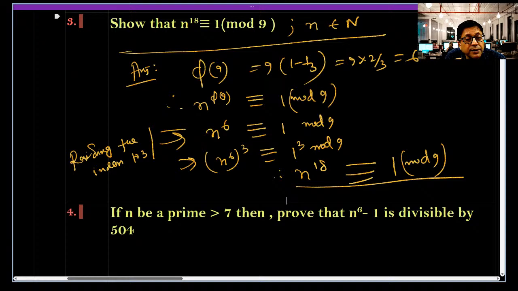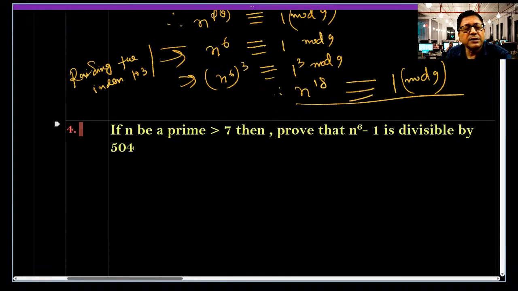There is a problem here because 504 is huge. Phi of this is not equal to 6, never. Am I correct? n to the power 6 minus 1 is divisible by, instead we can start this manner.